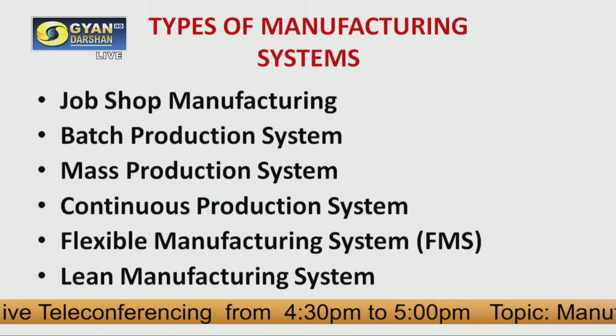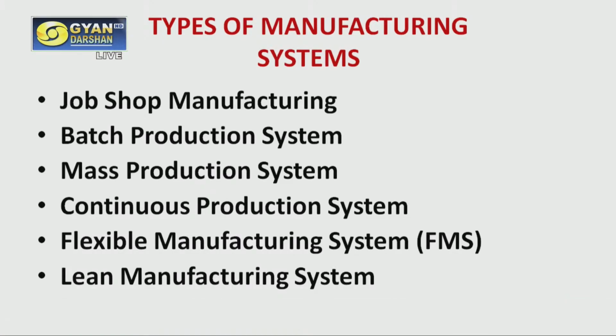Now we will come to the different types of manufacturing system. My dear learner, it is a common thing that we should know which type of manufacturing system we are going to use. It depends upon the type of product.